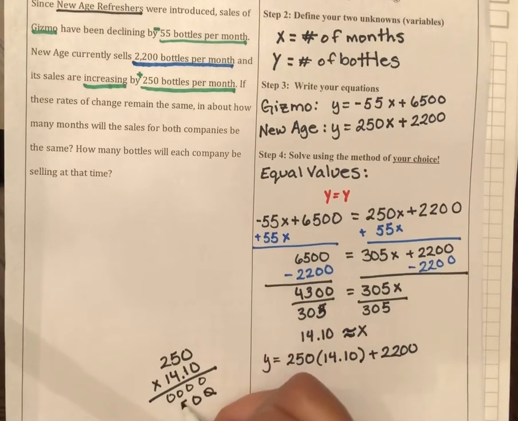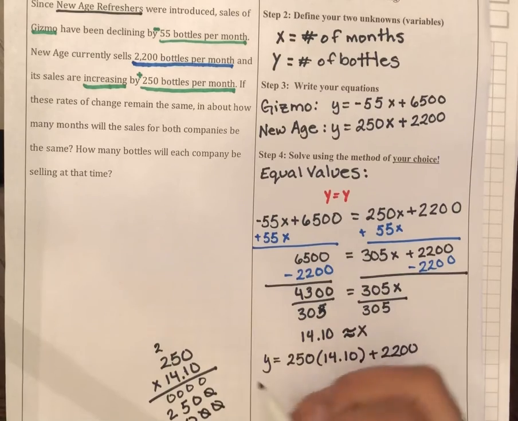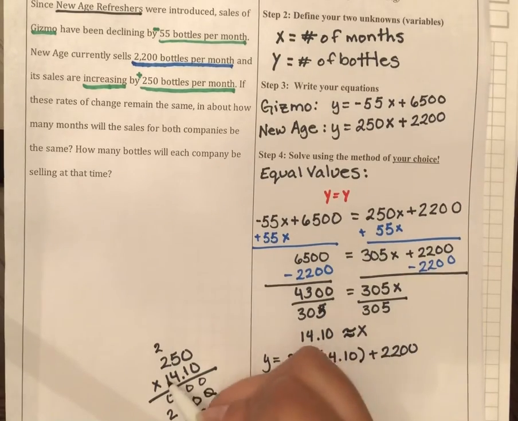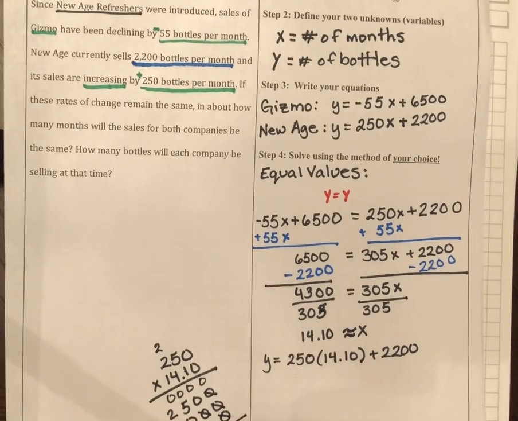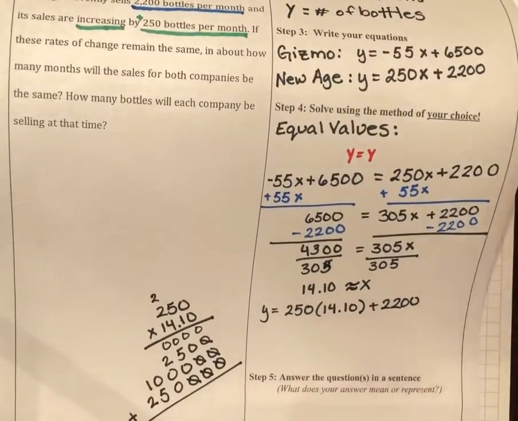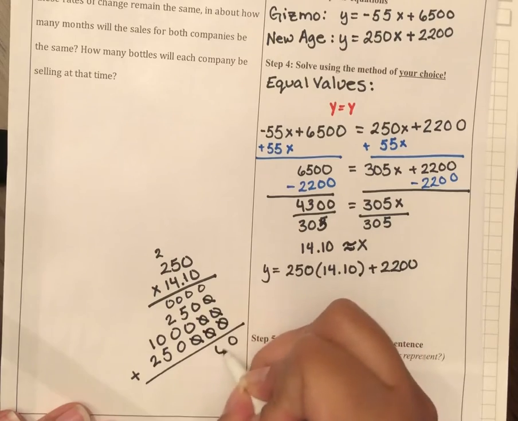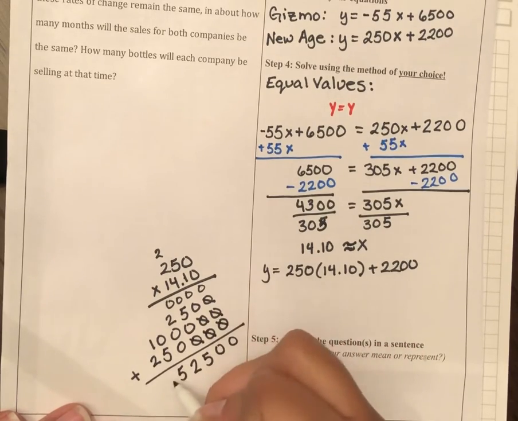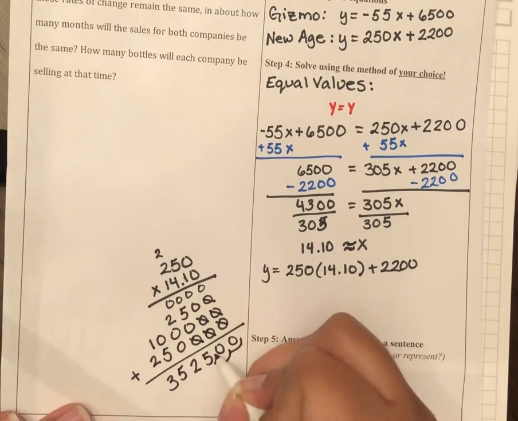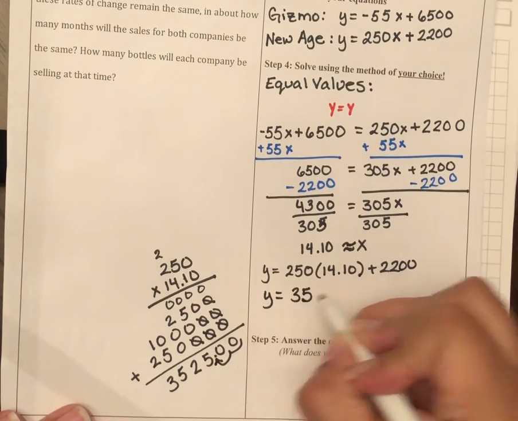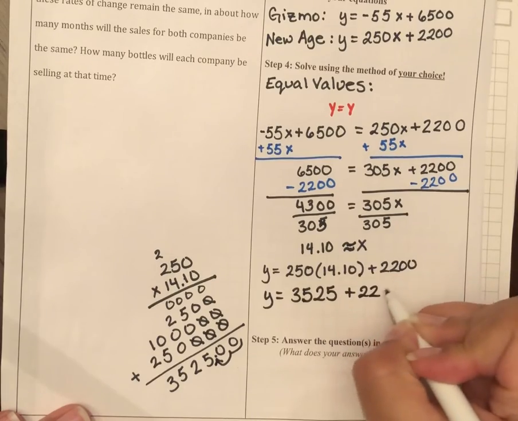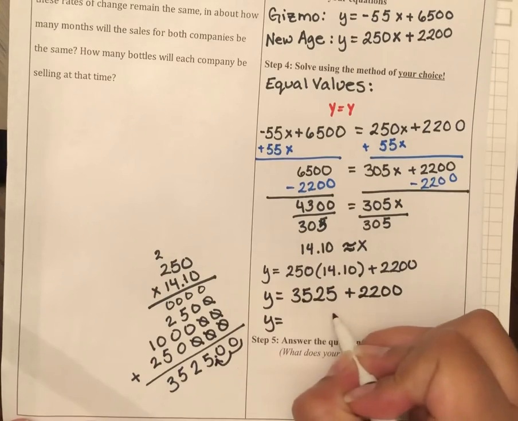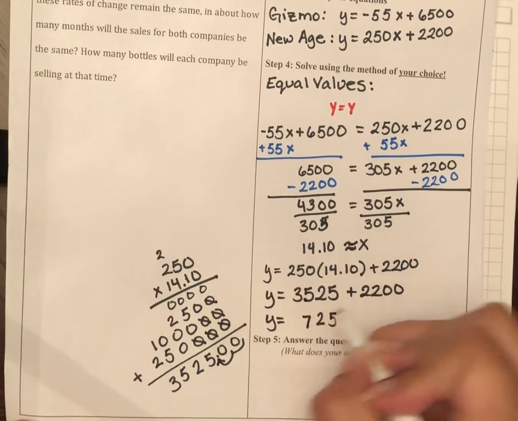So we get y equals 3,525 plus 2,200. That's going to be 5,725.